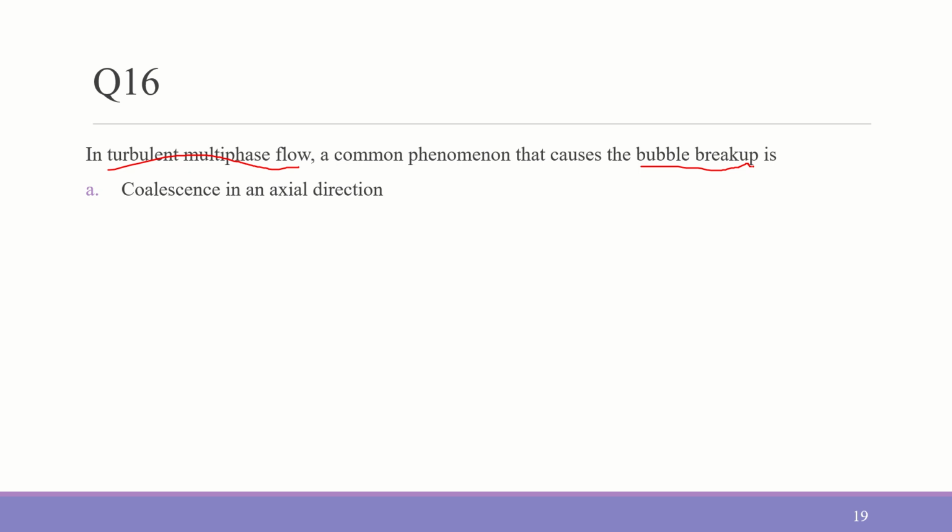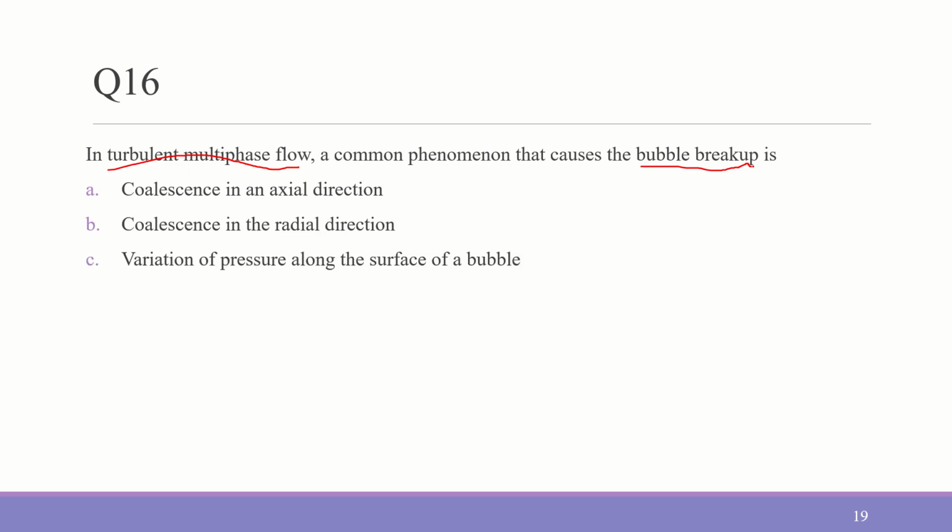Option A, coalescence in axial direction. Option B, coalescence in radial direction. Option C, variation of pressure along surface of a bubble. Option D, turbulent motion. Coalescence in axial direction happens, but it doesn't have much to do with bubble breakup. So this is wrong.